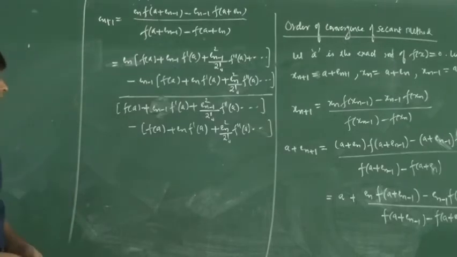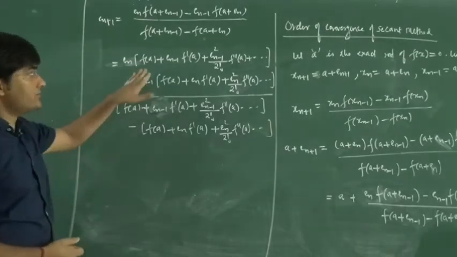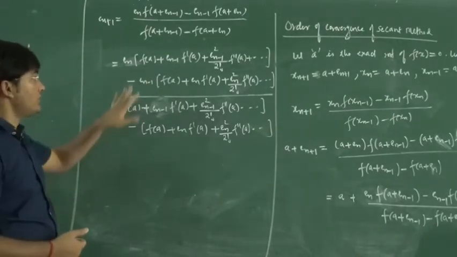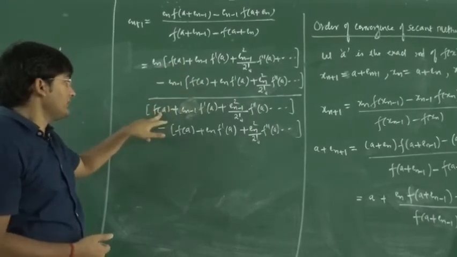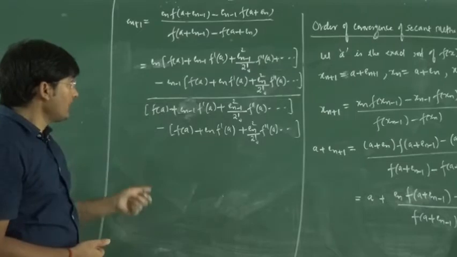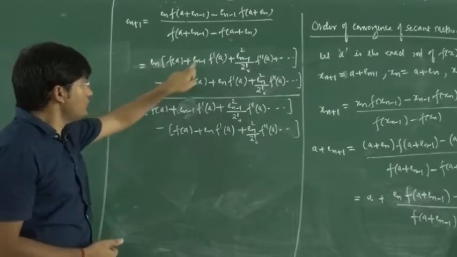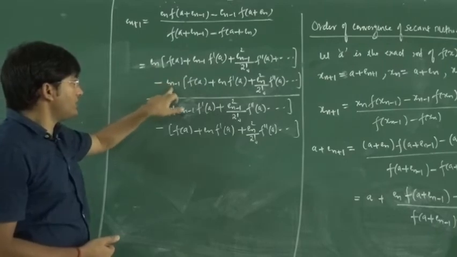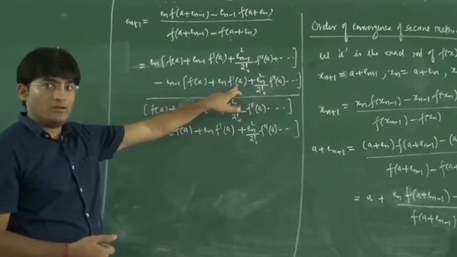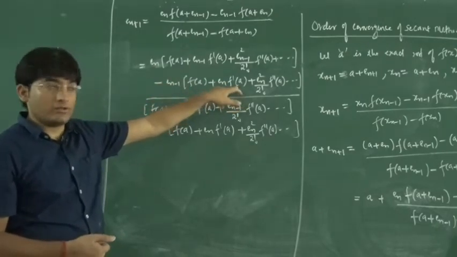Okay. Now, as a is the exact root of the equation f(x) equal to 0, this f(a) will be 0 everywhere. Now, e_n e_{n-1} f'(a) and e_n e_{n-1} f'(a) will get cancelled with each other.